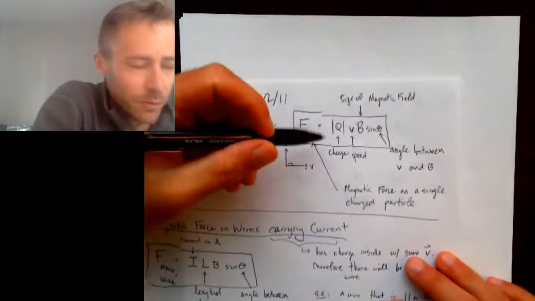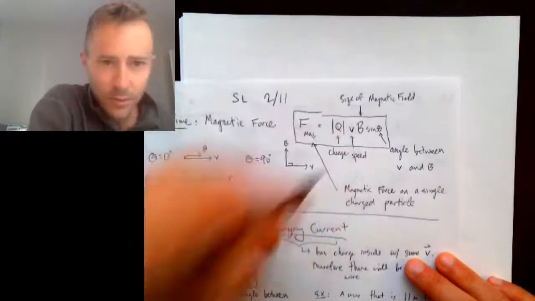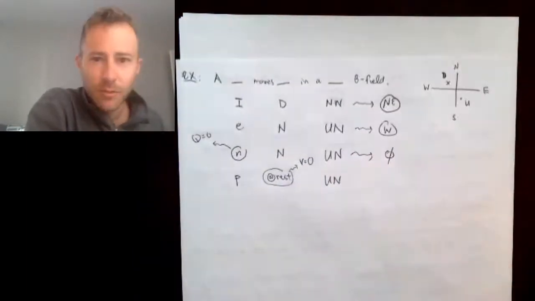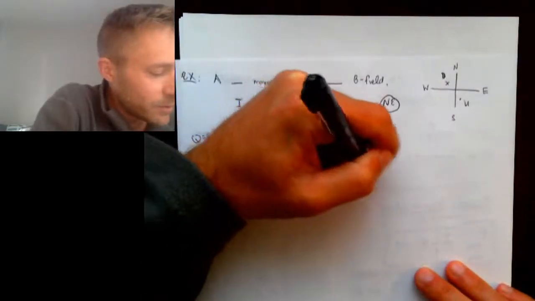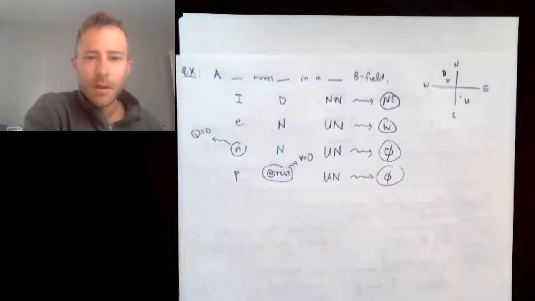Okay, and as we see, the formula for magnetic force is QVB sine theta. So V is 0, which means that the force is going to be 0.